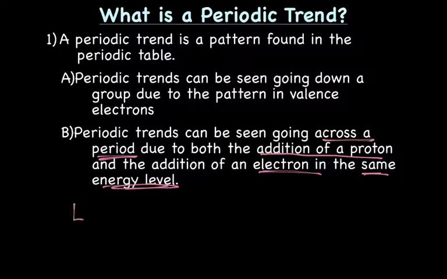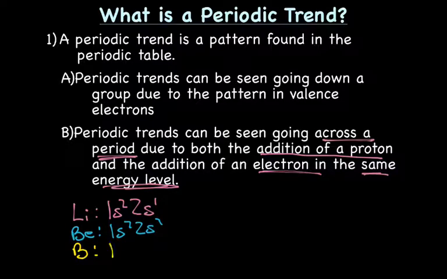So lithium, once again, is 1s2, 2s1. Beryllium is 1s2, 2s2. Boron, 1s2, 2s2, 2p1.